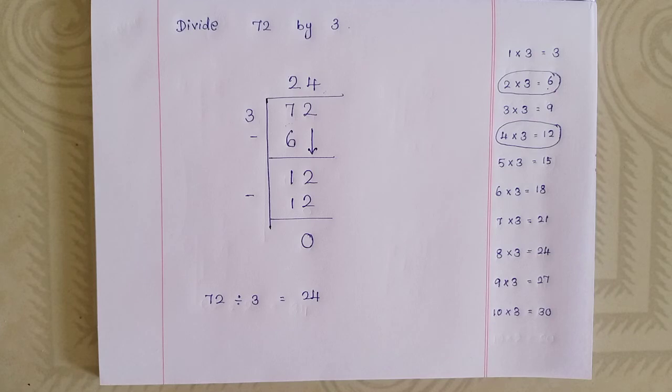Write the 3 table and do it yourself. Okay, already we have studied the 2 sums. Yes, this is the third one. So write the sum, then do it yourself. Then you have to see the answer.